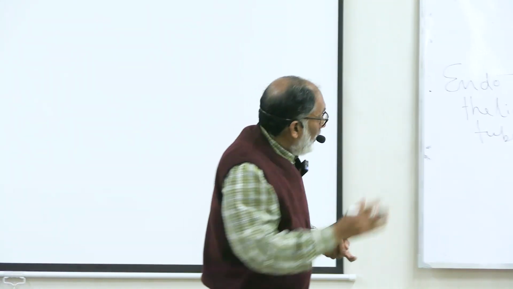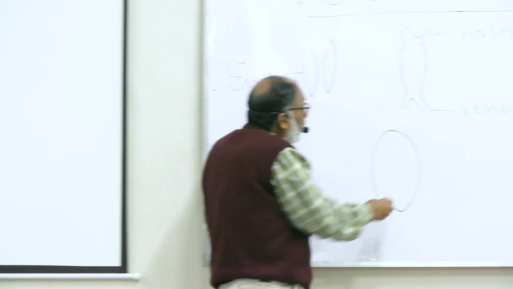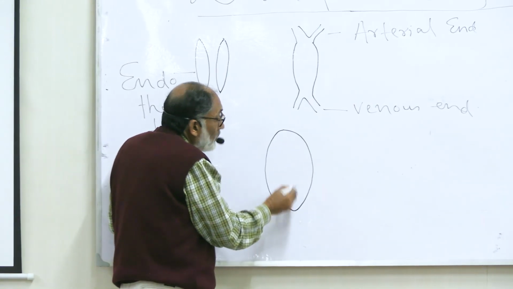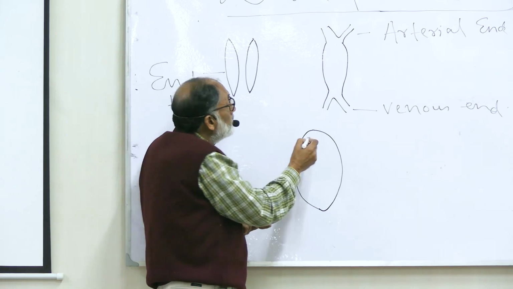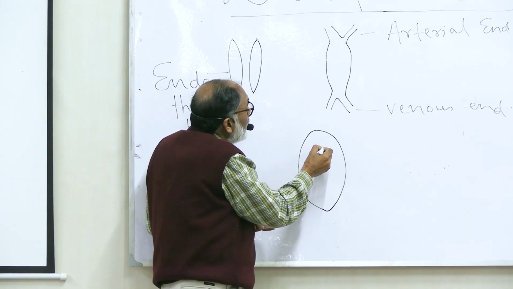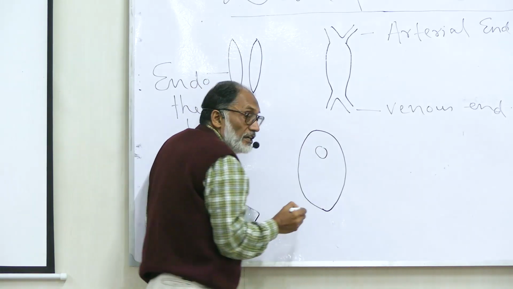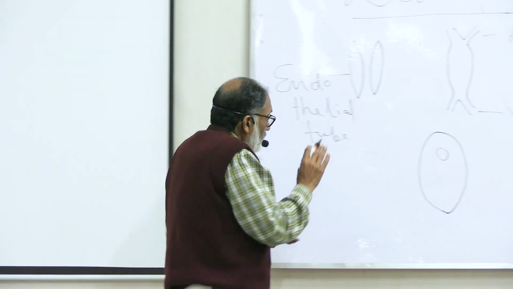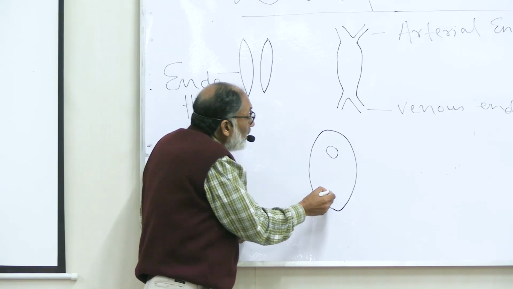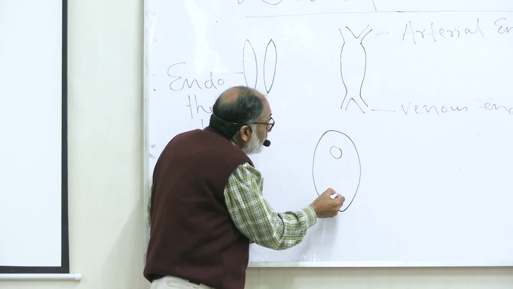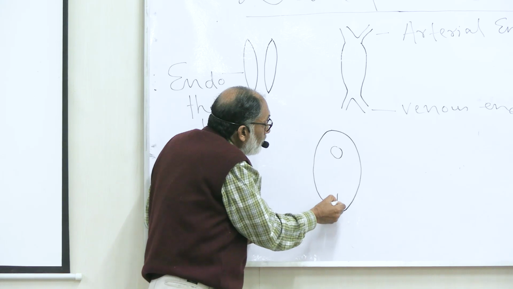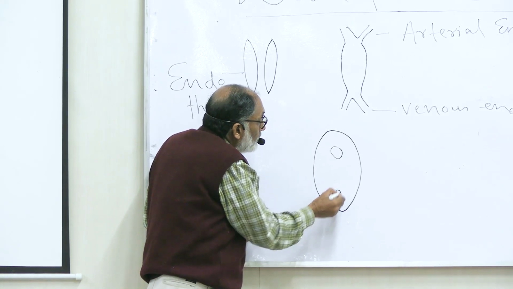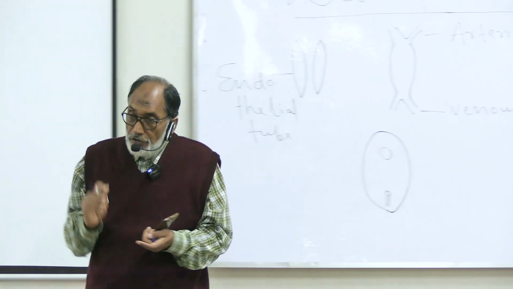At the cephalic part, one circular area develops, that is known as the prochordal plate. At the caudal end develops a linear opacity, that is called the primitive streak.